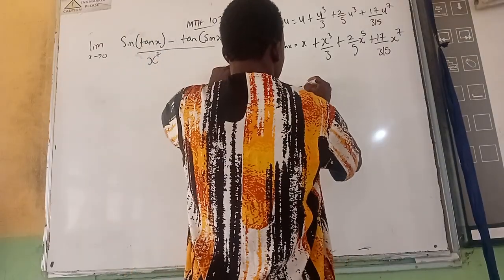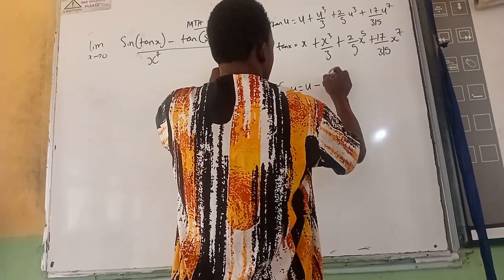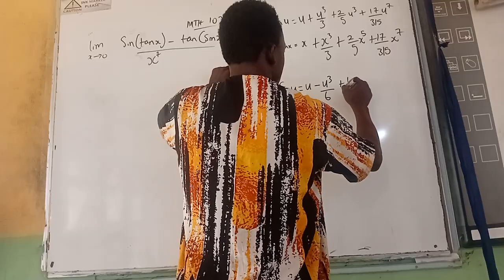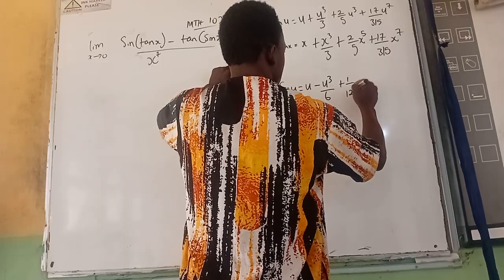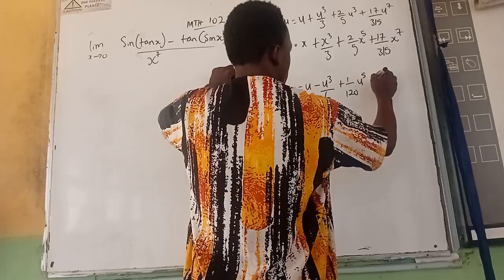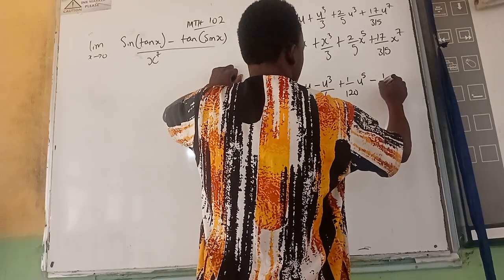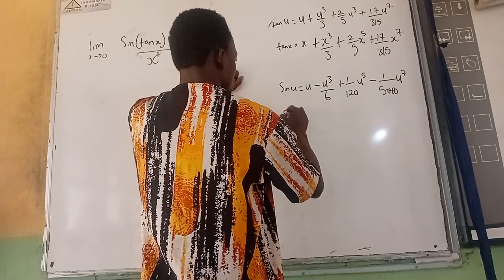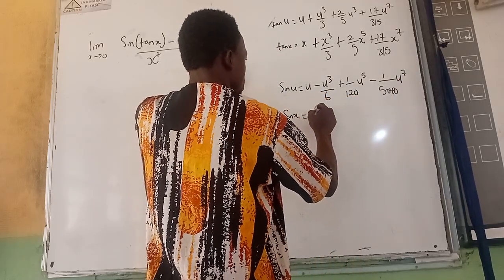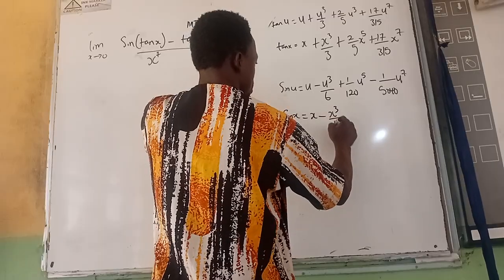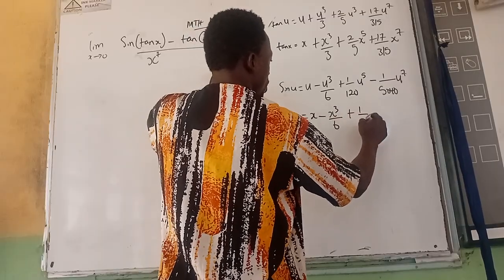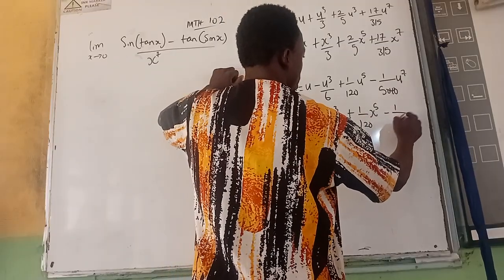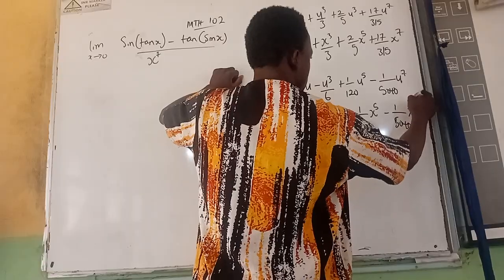Sine u equals what? u minus u cube over 6 plus 1 over 120 u5 minus 1 over 5040 u7. Sine x equals x minus x cube over 6 plus 1 over 120 x5 minus 1 over 5040 x7.